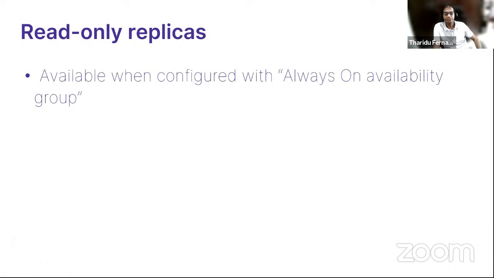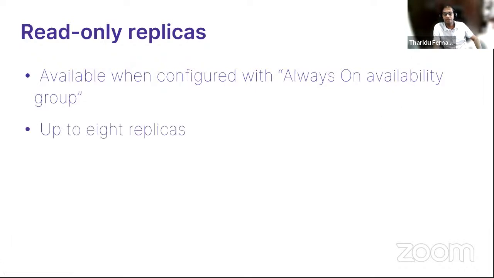I'm going to talk briefly about the read-only replicas. This is available in Azure SQL when you have configured the databases on the server with an Always On availability group.